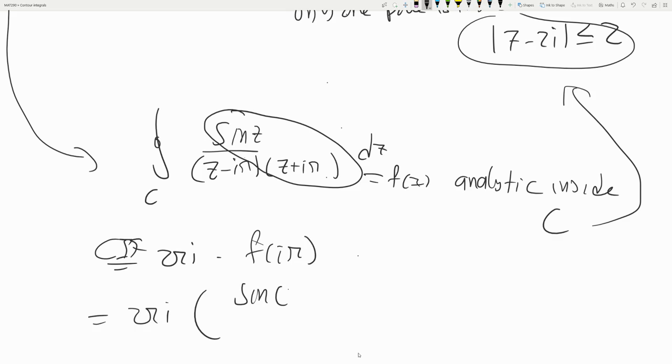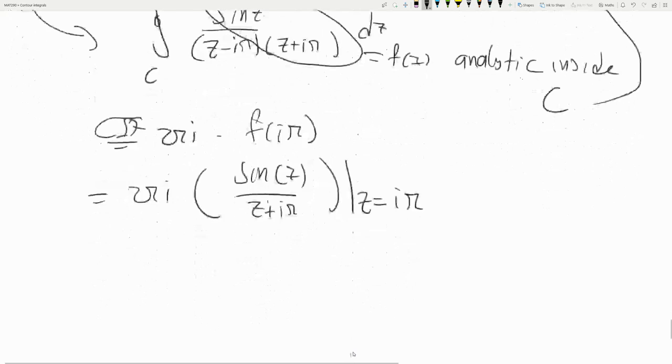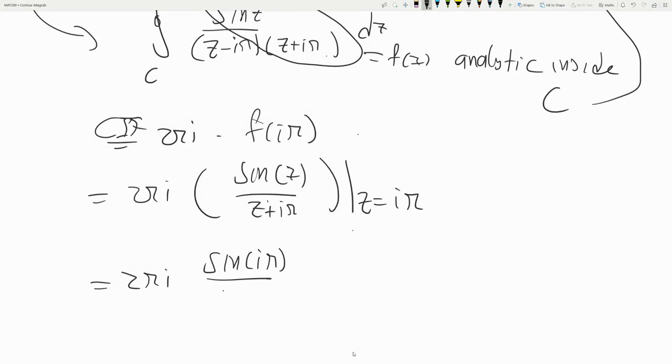So sine of z over z plus i pi evaluated at z equal to i pi. So we have sine of i pi over 2 i pi. So we just have sine of i pi. And that's the answer.